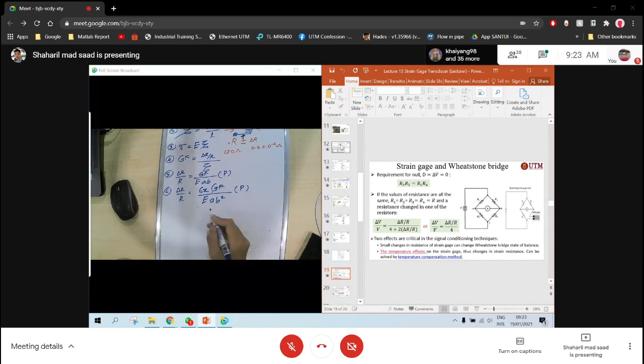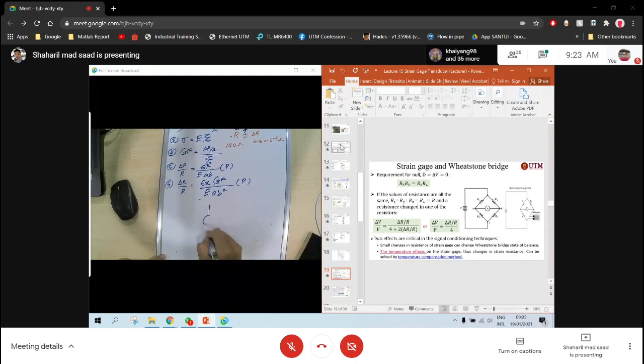Right now you are already quite familiar with the Wheatstone bridge. So this one, and this one, and this one. This one is delta V, R1, R2, in this case R2, R3, and this one is R4.